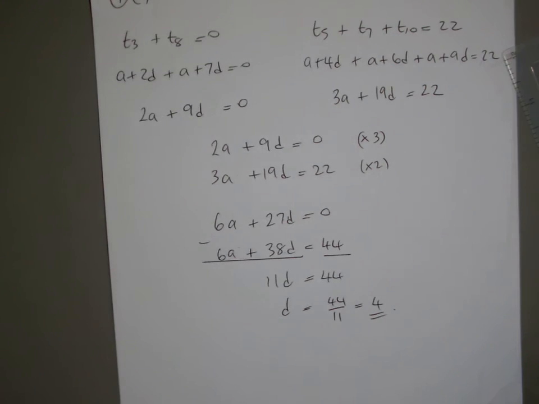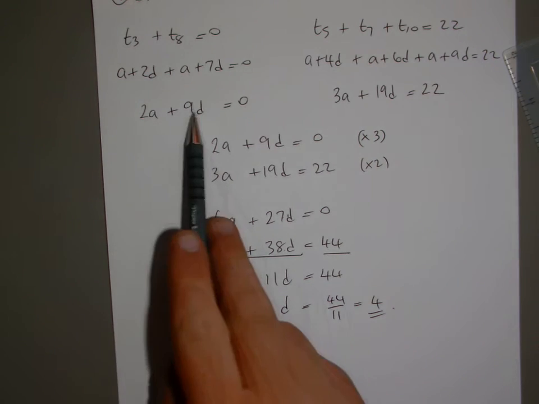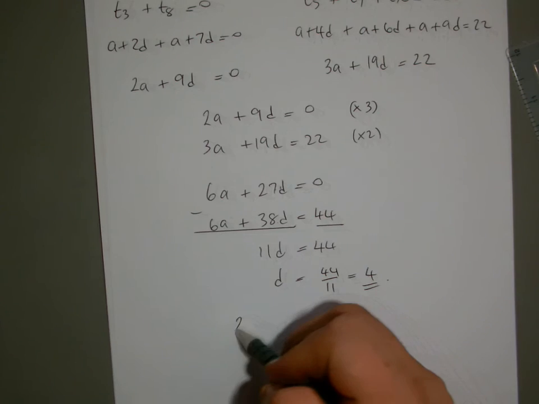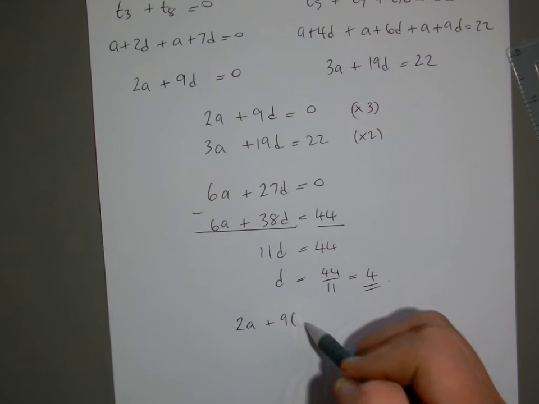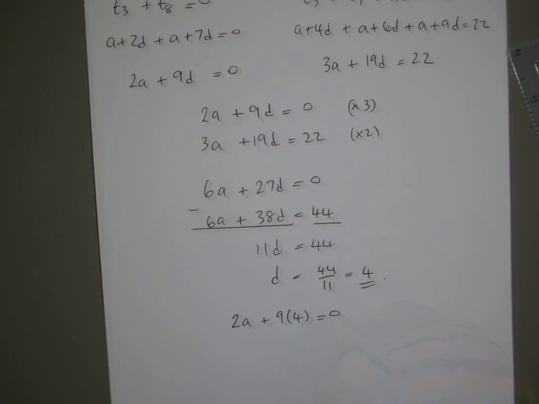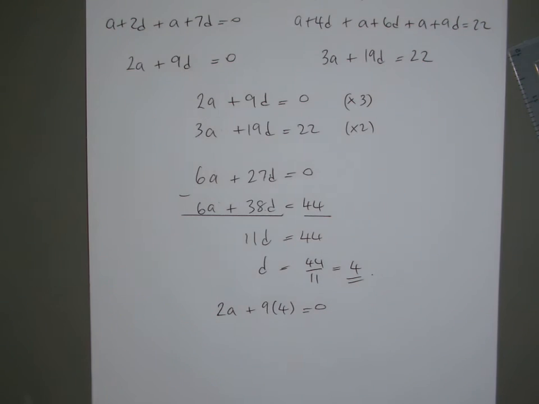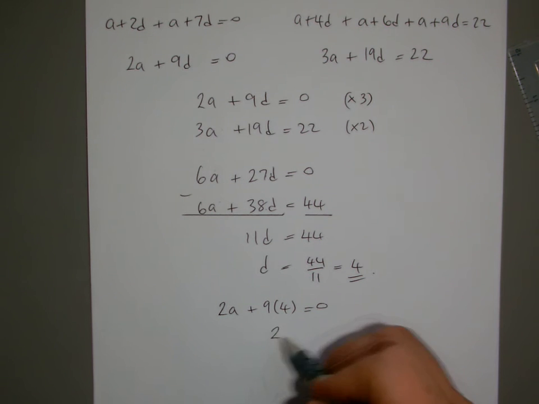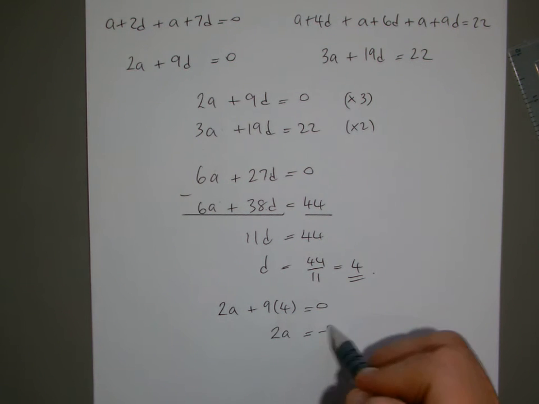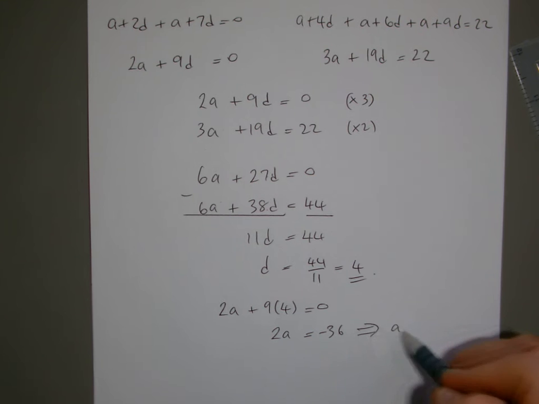Sub it back into this equation here: 2a plus 9 lots of 4 is 0, just using that equation. So 2a plus 36 is 0, take it over as minus 36, which means a will be minus 18. So we've got the first term and the common difference.